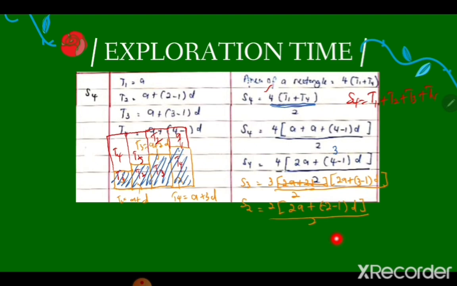From here you can see a pattern. For Sn, when n equals 4, this is 4. However, this is 2a, the 2a is maintained, and this is 4 minus 1. We talk about Sn here, so this is n and this is n minus 1.